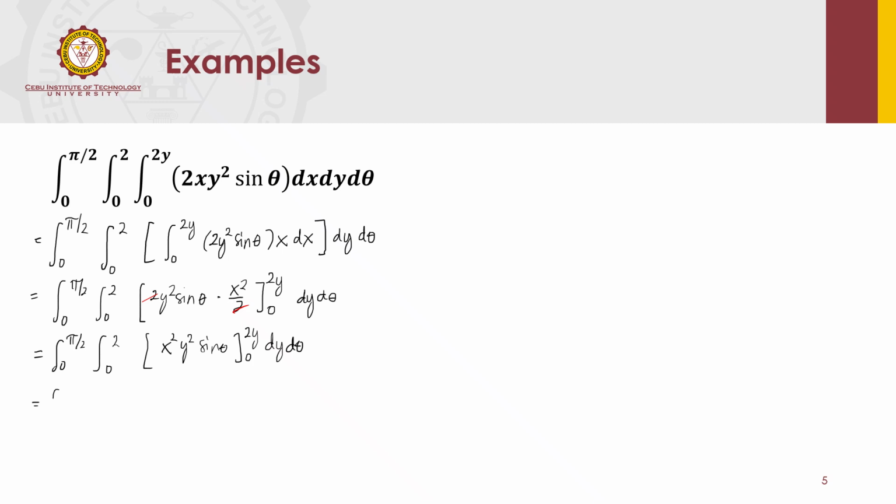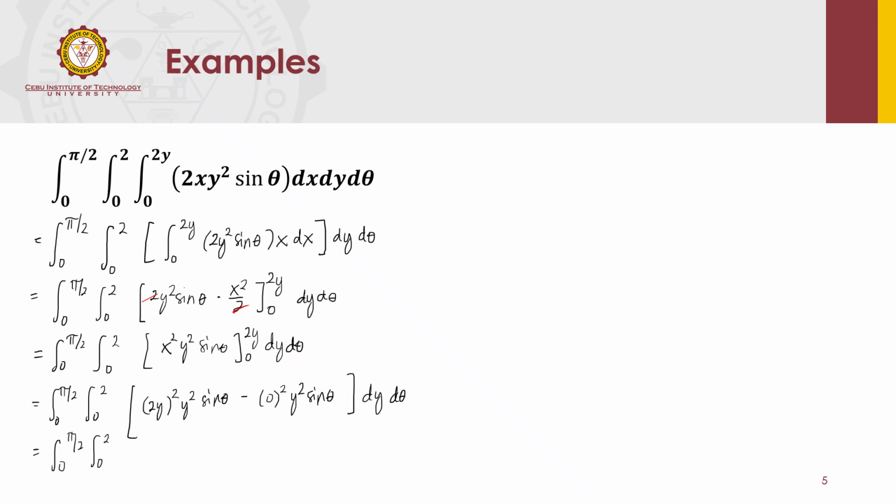Meaning, instead of writing x, we write 2y from the upper limit. So it's 2y squared sine theta minus 0 squared y squared sine theta. The second expression is equal to 0.